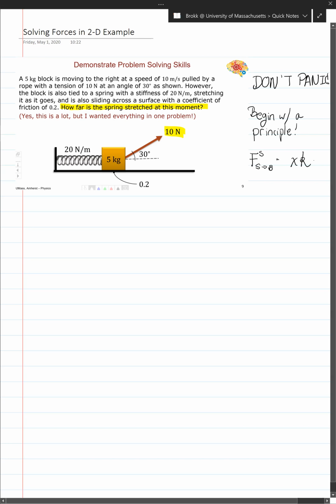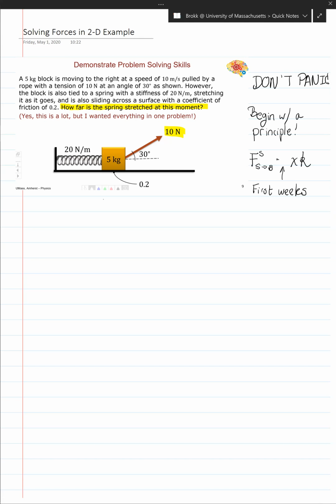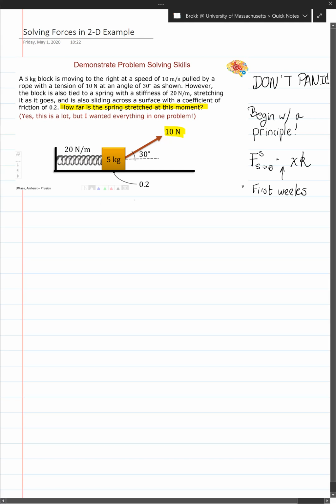This is from Unit 1, or just the first few weeks. It seems logical that we want to begin with a principle that has to do with forces. So let's start with our good old Newton's second law, that forces are what cause objects' motion to change.